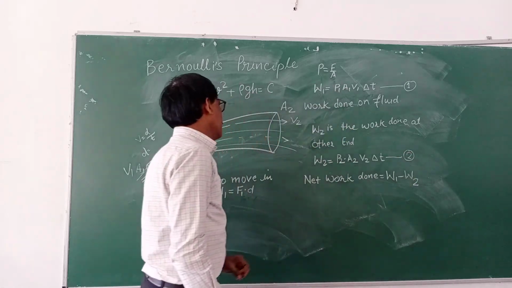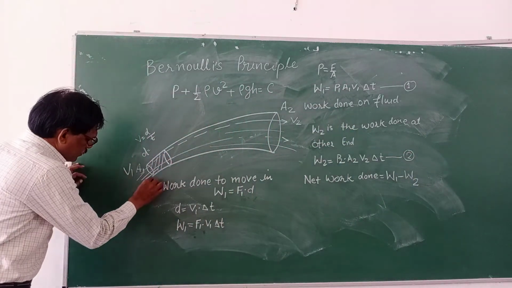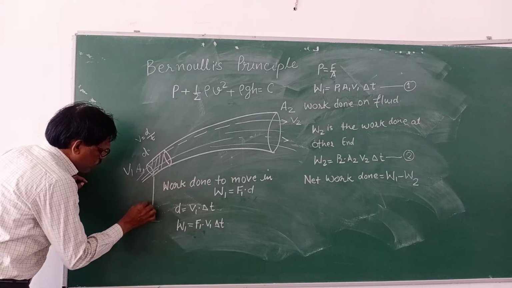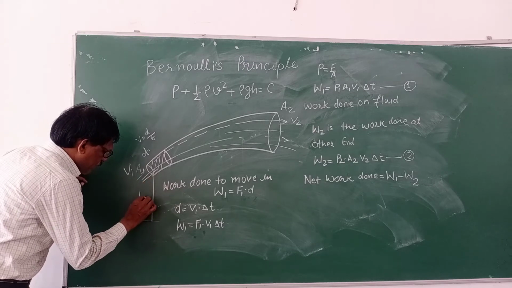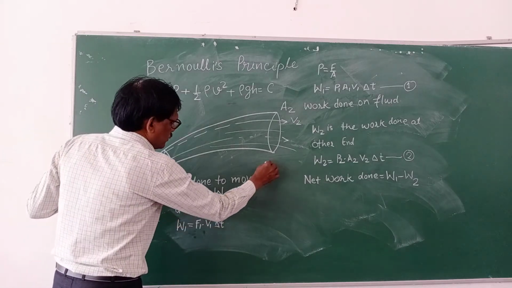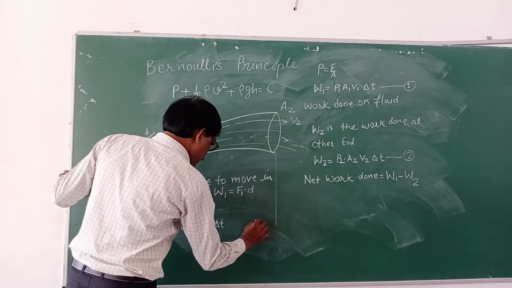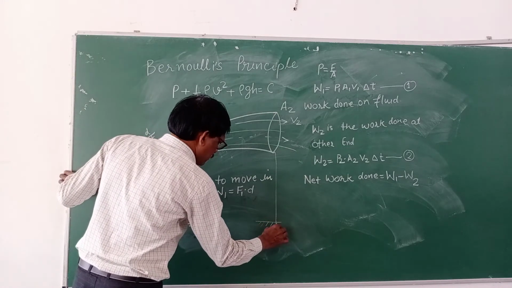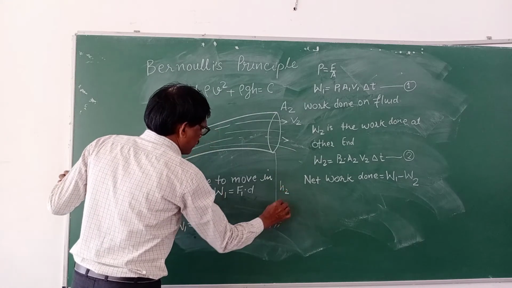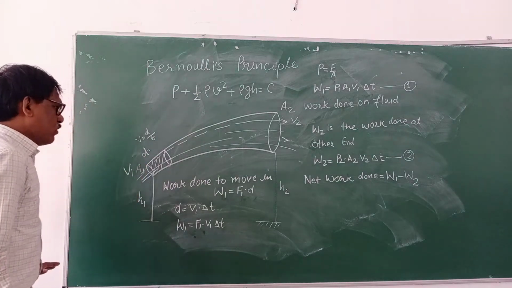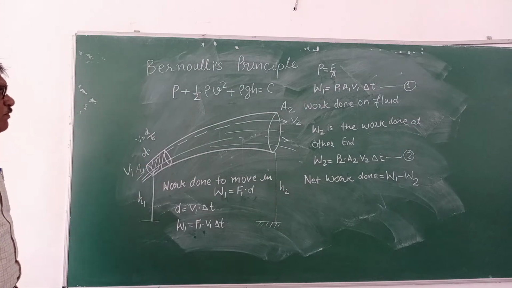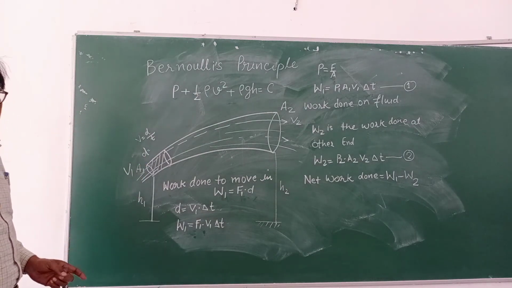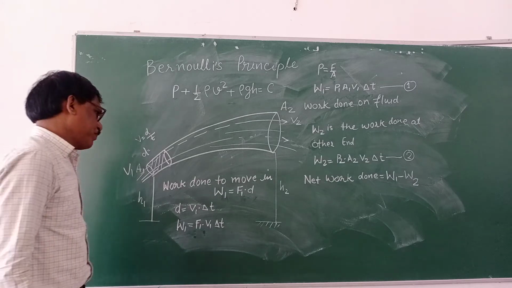Now where will this work done appear? See, this cross-sectional area is at height h1, and this cross-sectional area is at height h2. So the work done will appear in the form of change in kinetic energy as well as change in potential energy.